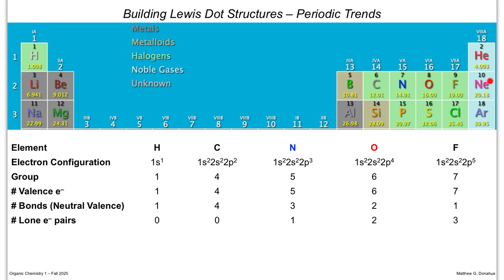The noble gases we're not worried about, but everything else you see, those are the building blocks we'll use. And I want to focus specifically on hydrogen. You can be 100% confident that every molecule we talk about is going to have hydrogen in it. So that's a valid assumption. So there's the hydrogen, and then the rest of these are in period 2, CNOF.